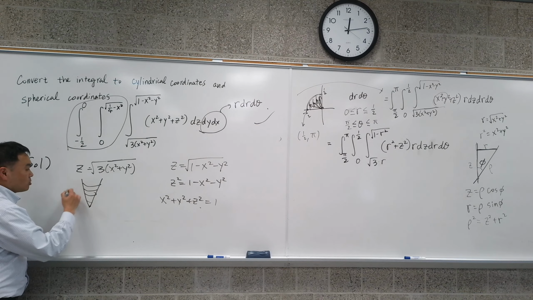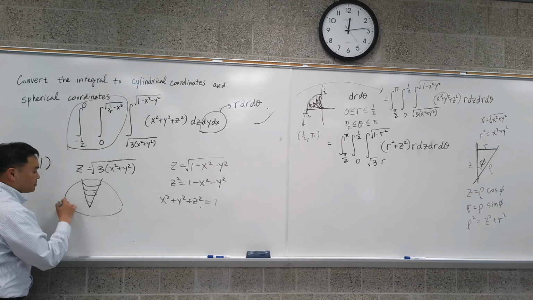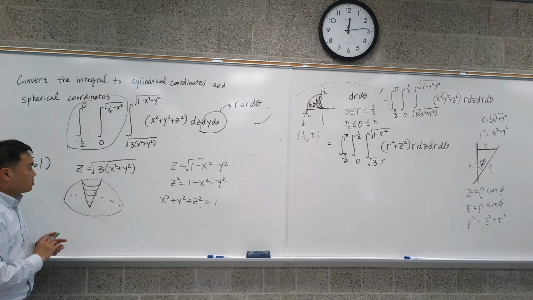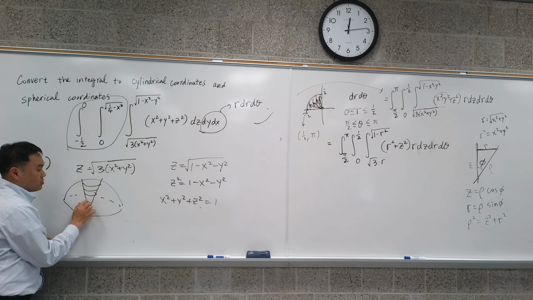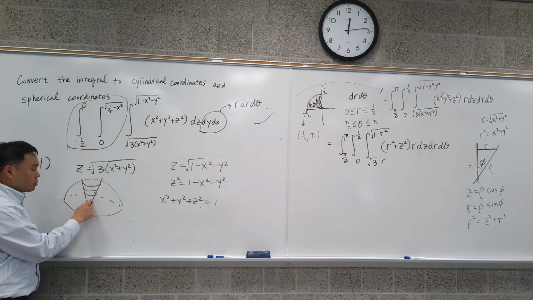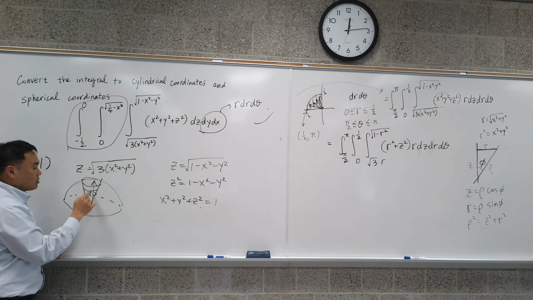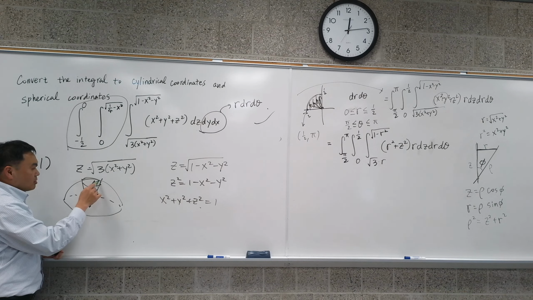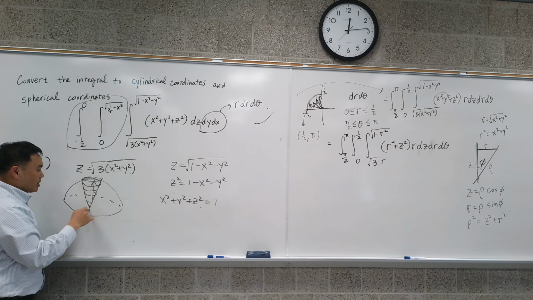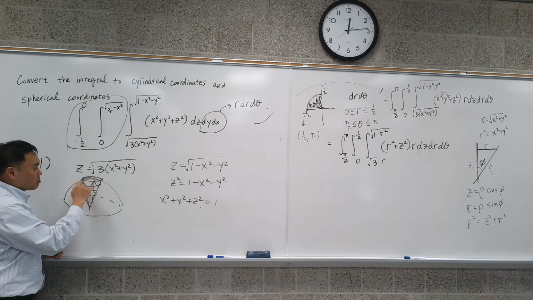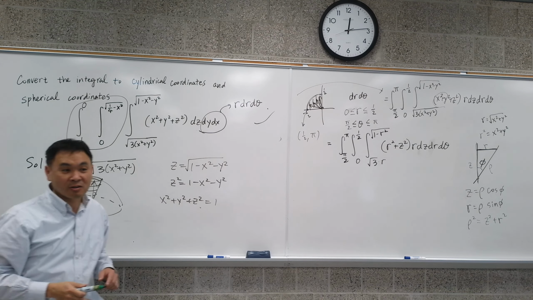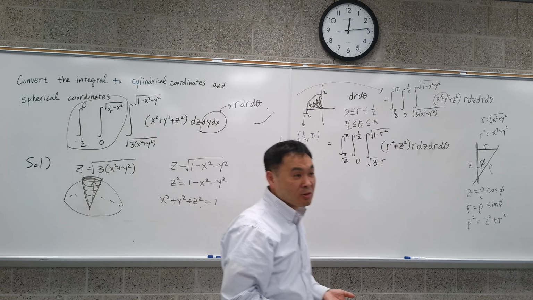So you start from some point on this cone and you go up because you have dz covering here. So you get some kind of ice cream cone type thing where the top is a bit round. That's the region that we're in.